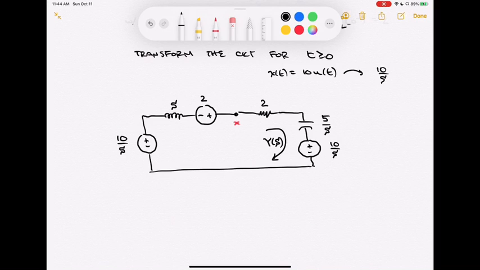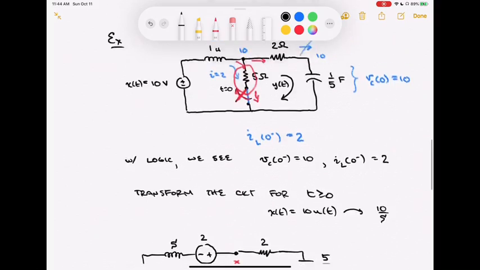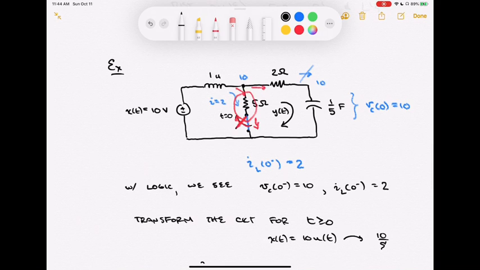Okay, so what have I done? I've basically taken my original circuit, which was written in a time domain representation. I used the knowledge of that switch to help me establish what the 2 initial conditions of the circuit were. And then I took the unilateral transform of that circuit for time t greater than or equal to 0.